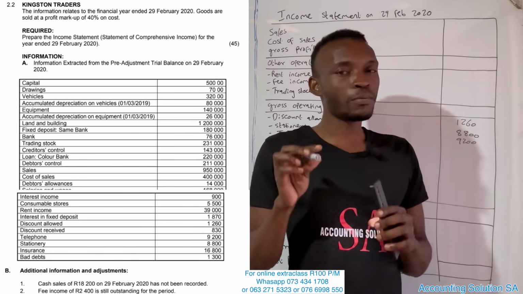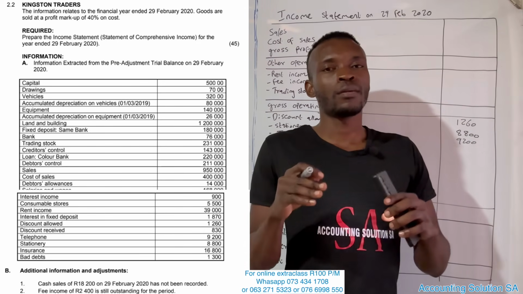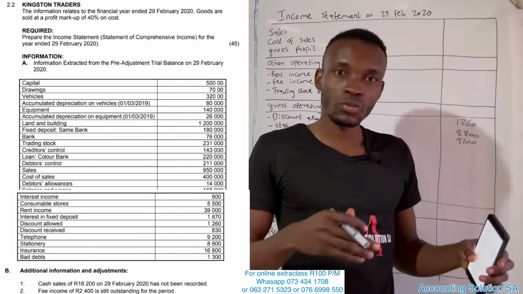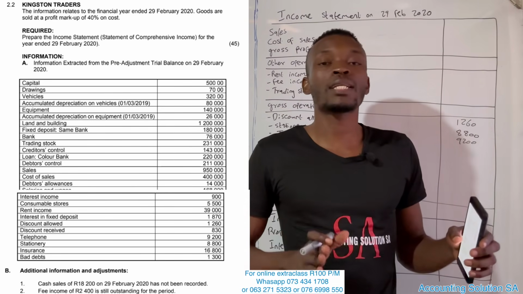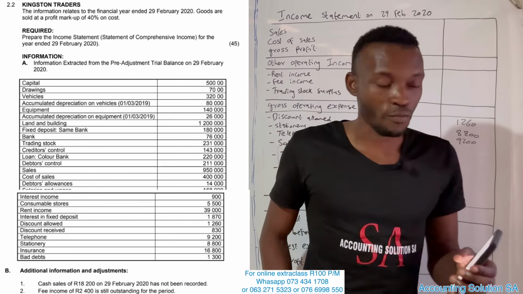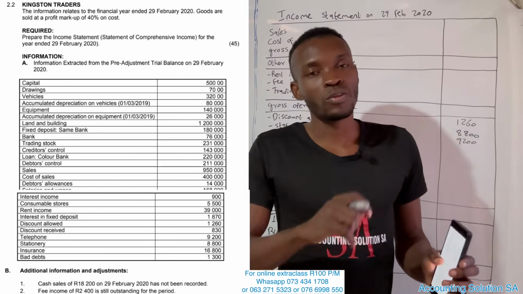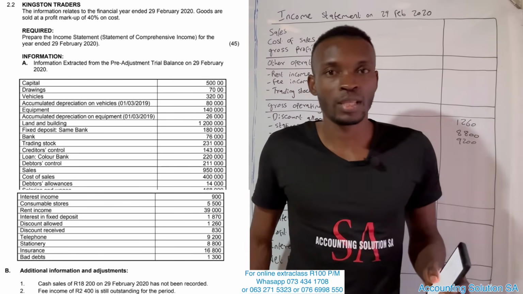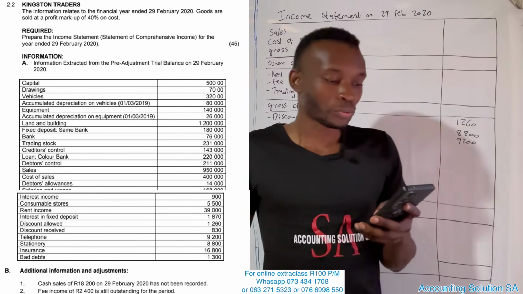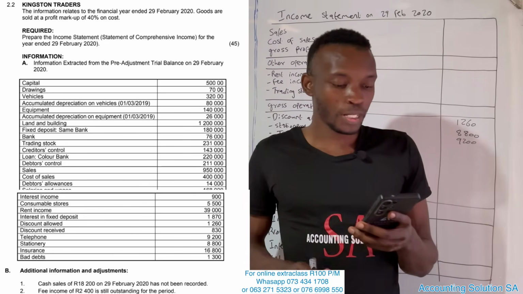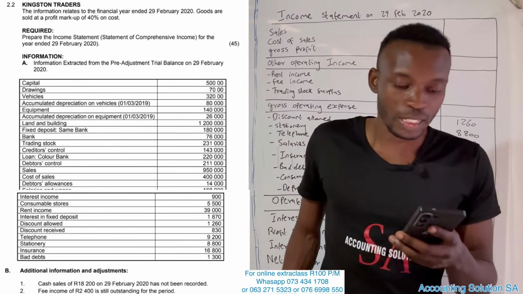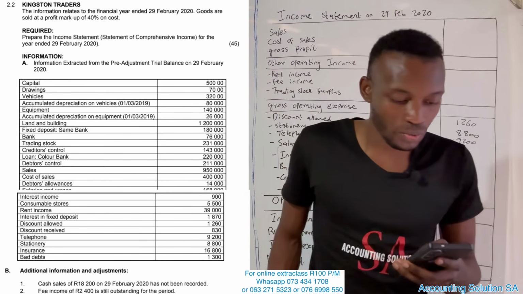Sometimes you'll find water and electricity not yet paid, meaning they paid for 11 months. You must add so that you have 12. If they give you 13, you remove one so that you're left with 12 months. All right, then the information extracted from the pre-adjustment trial balance on 29 February 2020.